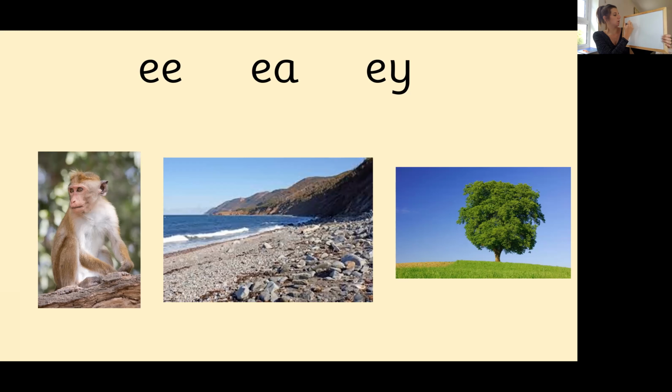Shall we have a go? The word is monkey. Have a look at your word and see how you spelt it. So we've got monkey, monkey, and it's got a sneaky letter O there. Sounds a little bit like it could be an A, could be a U instead, but it's a monkey. It's got an M-O-N-K-E-Y, monkey.